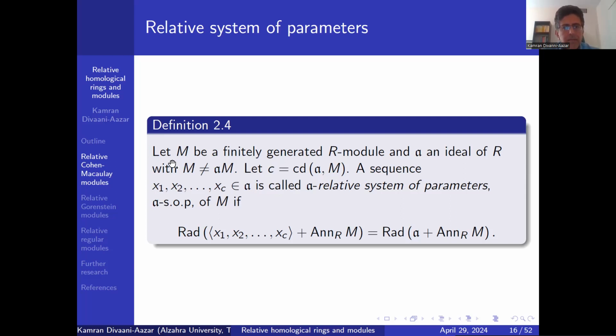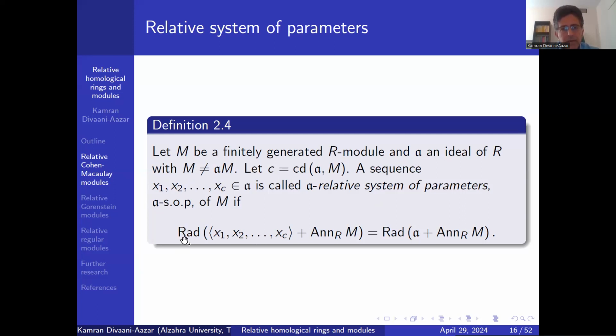So this is the definition. Let M be a finitely generated R-module and A an ideal of R such that M is not equal to AM. As usual, c is the cohomological dimension of M with respect to A. A sequence of elements in A like x1, x2, up to xc is called a relative system of parameters for M if we have this relation.